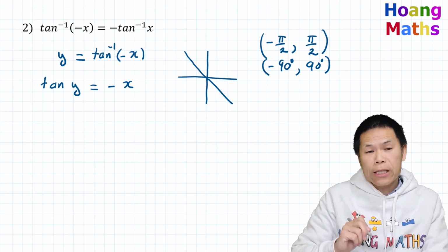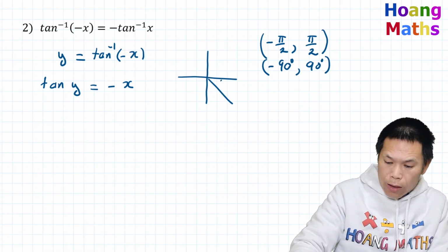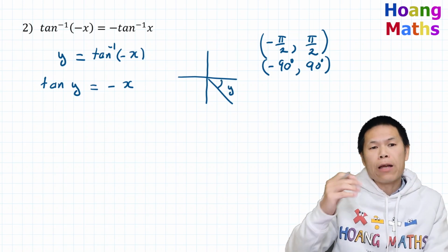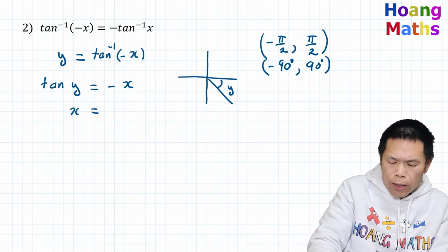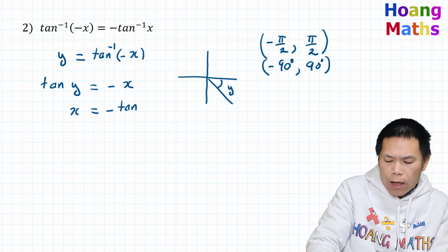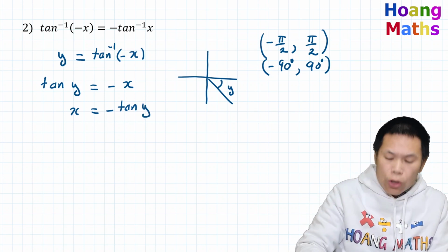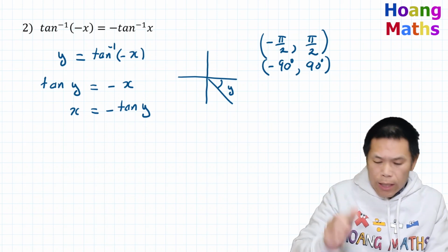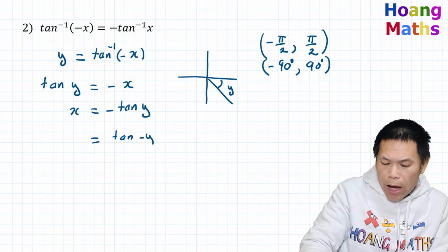So therefore, it has to be the fourth quadrant. So there you go, this is y. And tan of y is negative x. This means that x is equal to negative tan of y. And because it is in the fourth quadrant, negative tan of y is the same as tan of negative y.